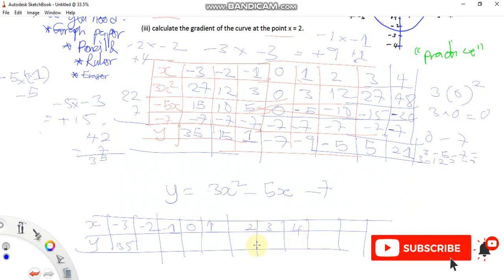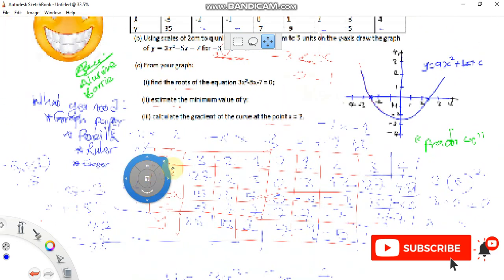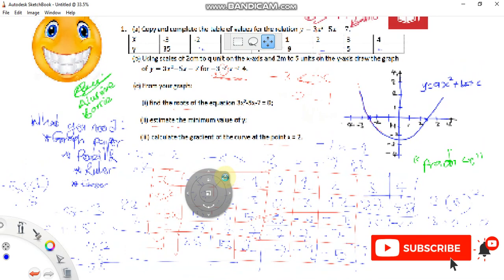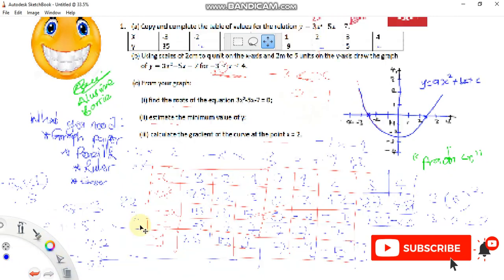Okay, the other ones we are given, I think we were given 15. No, let's just scroll to the original question and see the ones we were given. So we were given 35, minus 7, minus 9 and 5.